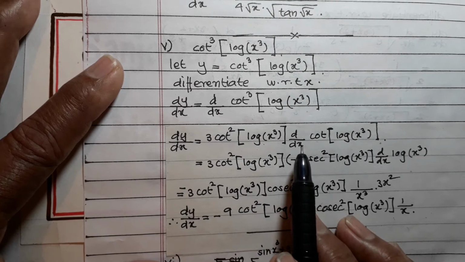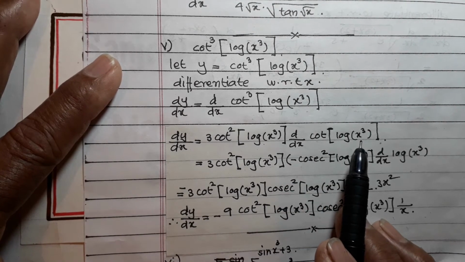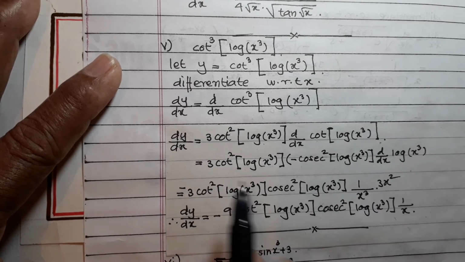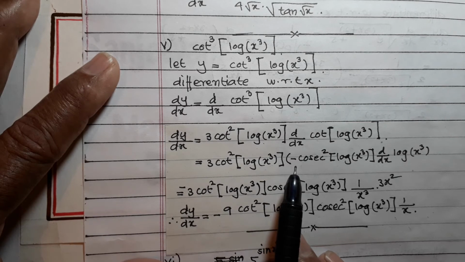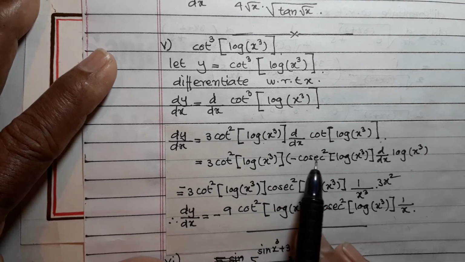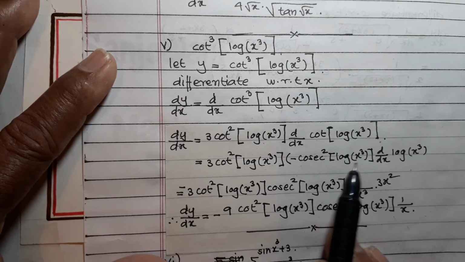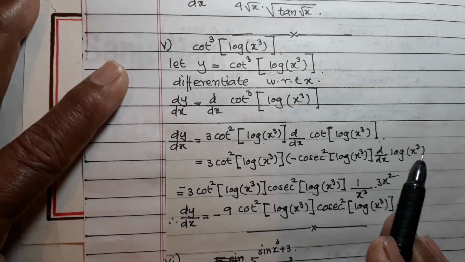So therefore d/dx of cot log x cube. Now 3 cot square log x cube into bracket. Now the derivative of cot is negative, minus cosec square log x cube, and derivative of log x cube.